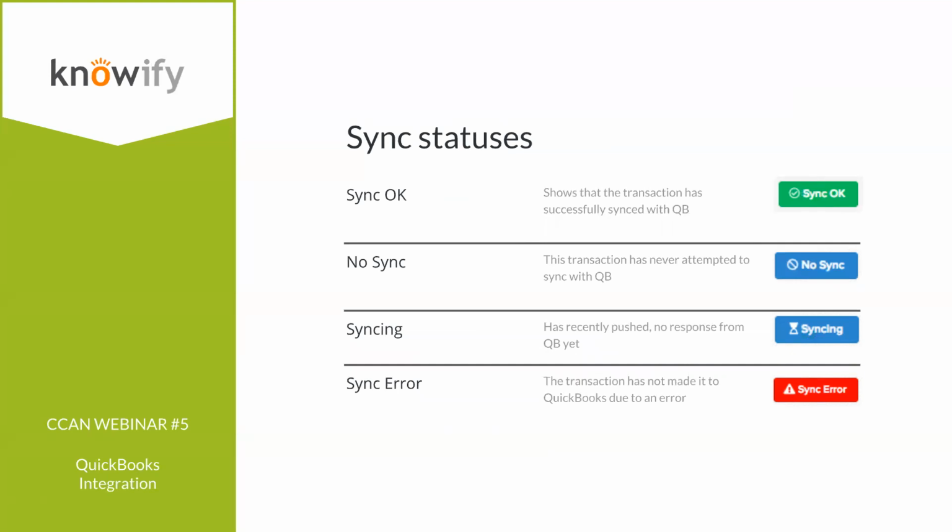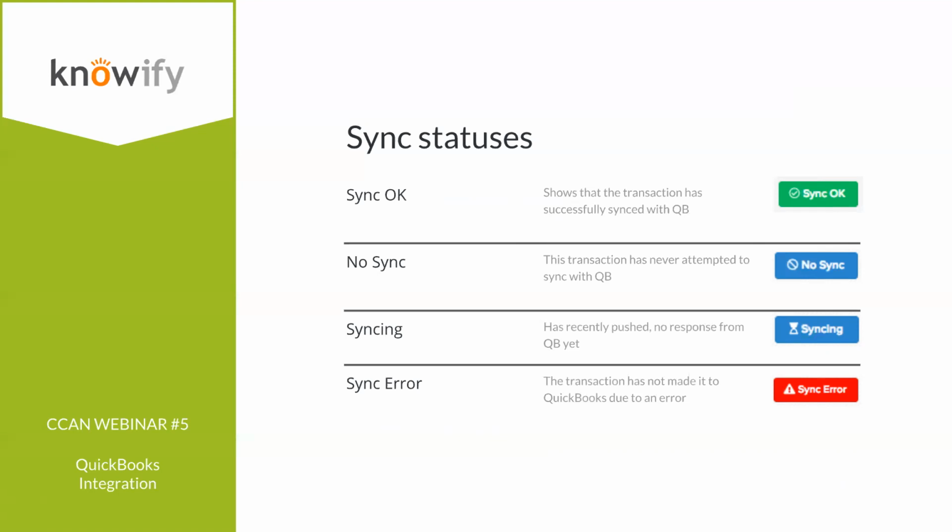If it says no sync, it's basically saying at no point did we even attempt to send this to QuickBooks. This basically means that that little box that says send to QuickBooks was unchecked, and it's saying this is something that there's no sync error. It's just not something that's supposed to be synced at this point in time.